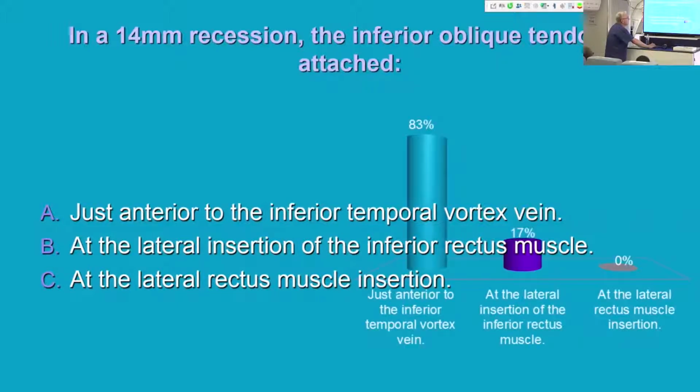We have 83% said just anterior to the inferior temporal vortex vein, and that's where it goes. The other 17%, you have to review this anatomy, because if you attach it at the lateral insertion of the inferior rectus muscle, that's more of the anteriorization. That's the difference between the two. And that's good. 0% for at the lateral rectus muscle insertion. That would mean you left it there in the first place and then didn't move it.